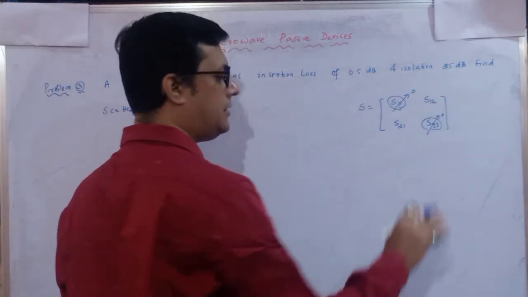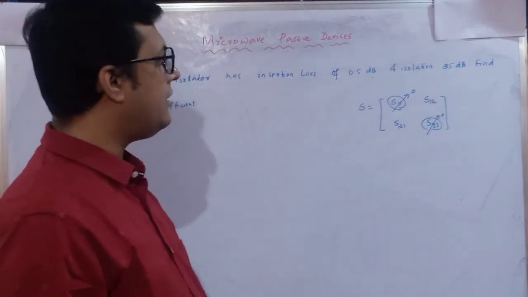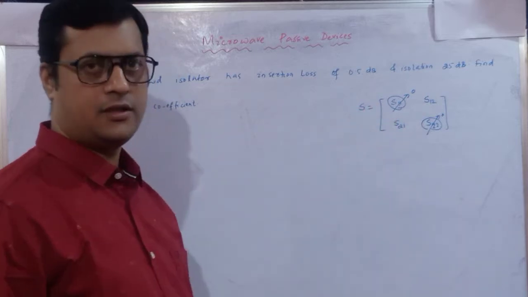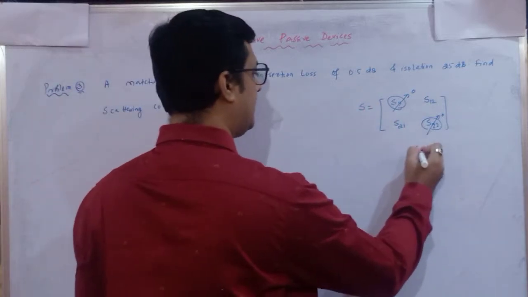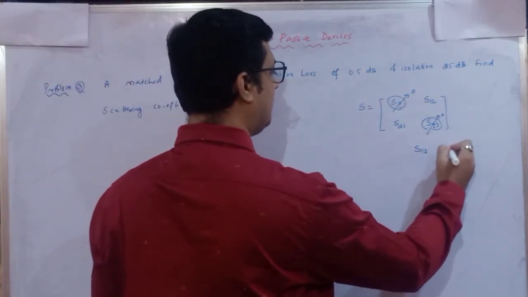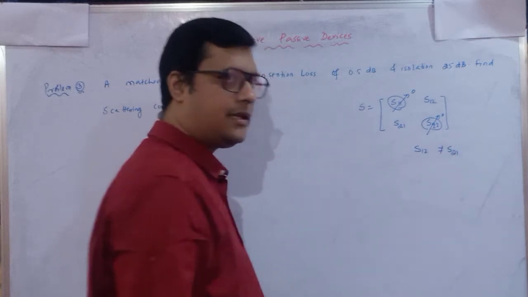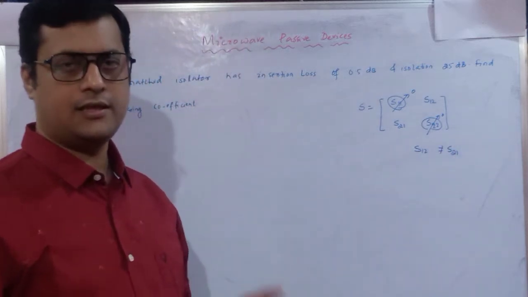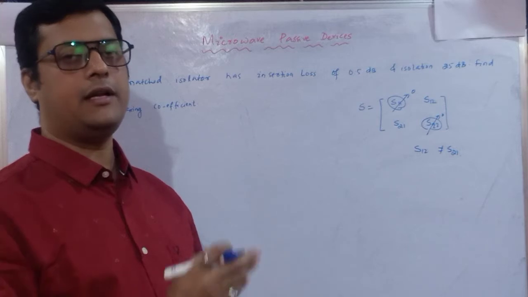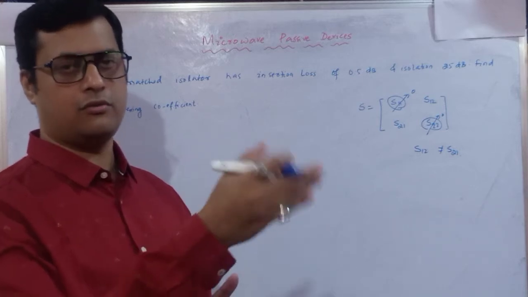Reflection coefficient is 0, and we are left with S12 and S21. In an isolator, S12 is not equal to S21, because the power will be provided only unidirectionally, 1 to 2, not from 2 to 1.